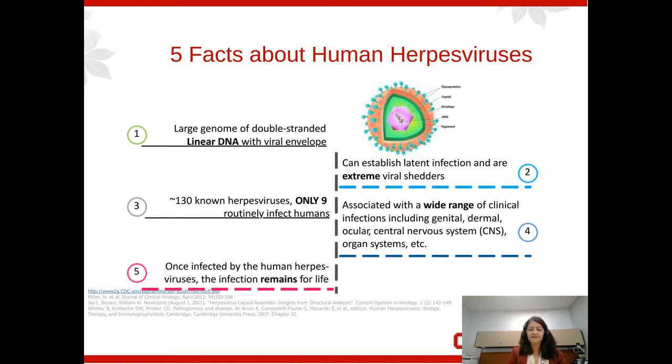However, only 9 routinely infect humans. And these are associated with a wide range of clinical infections that include dermal, genital, ocular, CNS, organ systems, etc. So, a wide variety. And then once infected, the human herpes viruses stay latent, which means they pretty much never leave you. They're part and parcel, I guess they just sort of learn to live with you.